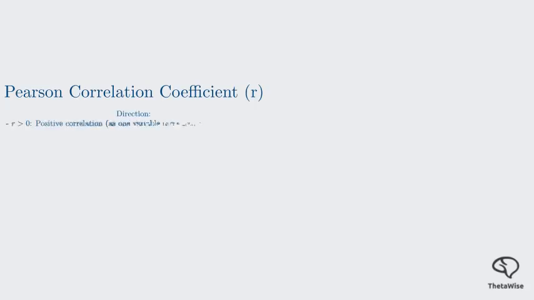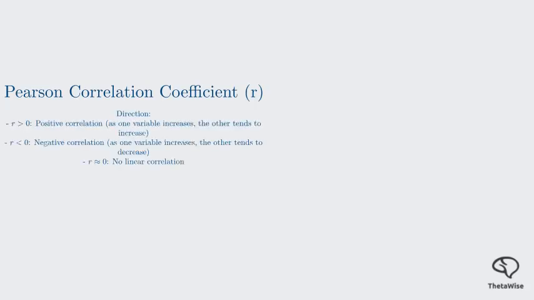Let's start with correlation. The most common measure is the Pearson correlation coefficient. The Pearson correlation coefficient, denoted by r, is a number between -1 and +1 that tells us two things: the direction and the strength of the linear relationship. A positive r value means that as one variable increases, the other also tends to increase.